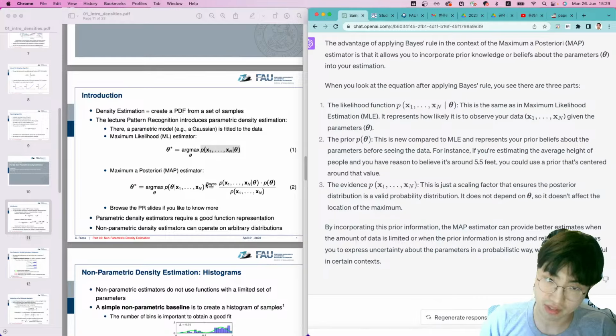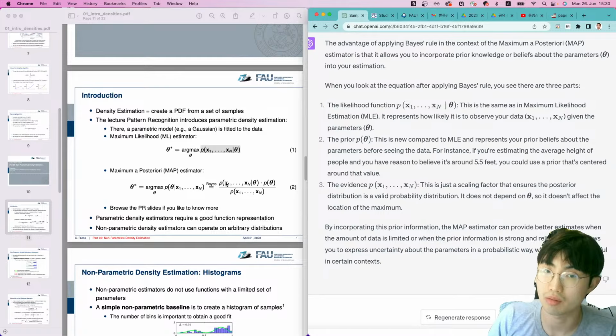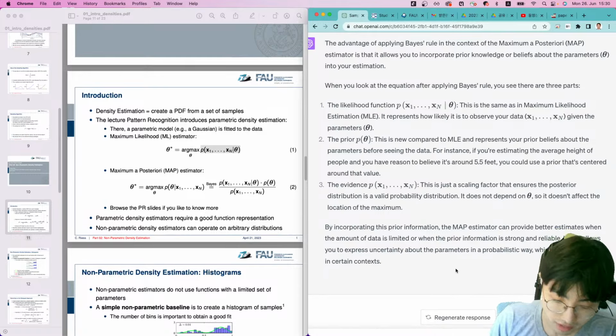The reason for applying Bayes' rule is just incorporating the prior knowledge. So the difference is that we incorporate prior knowledge into the maximum likelihood estimator. We use the maximum a posteriori estimator when we know prior knowledge about our assumption, our model, our recipe. Do you understand?